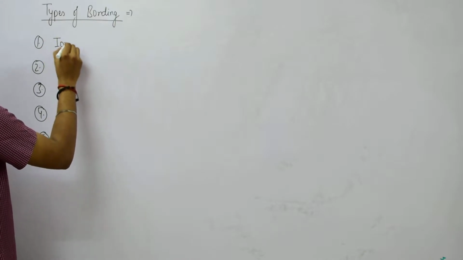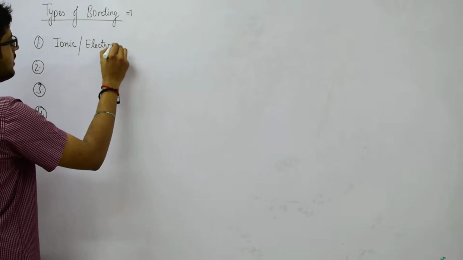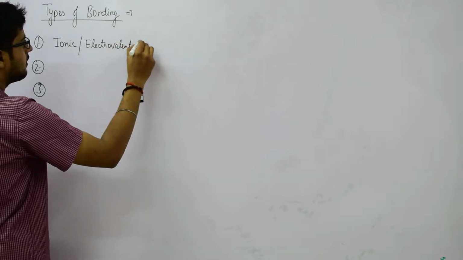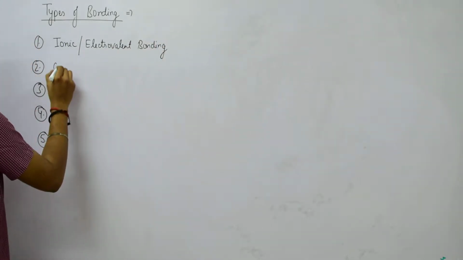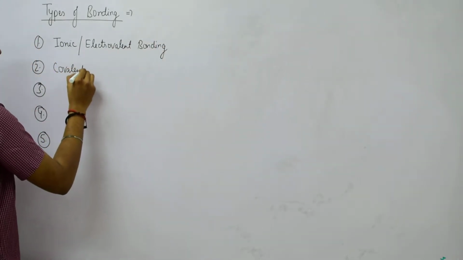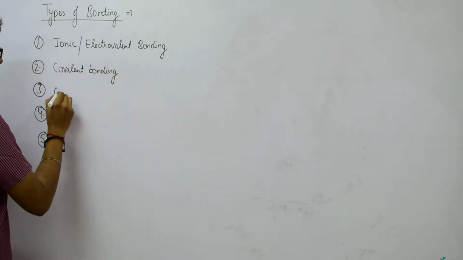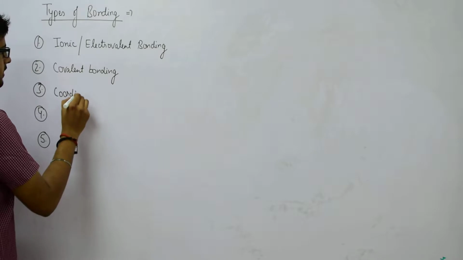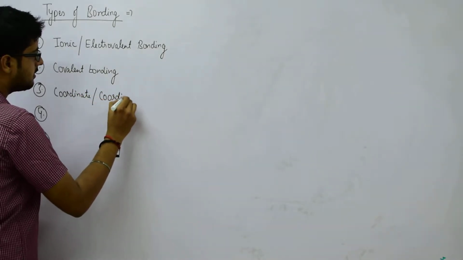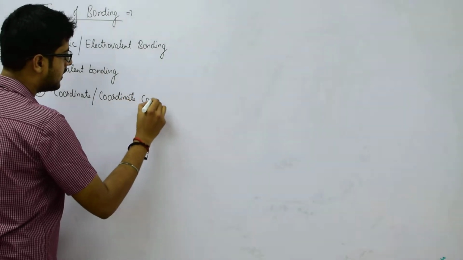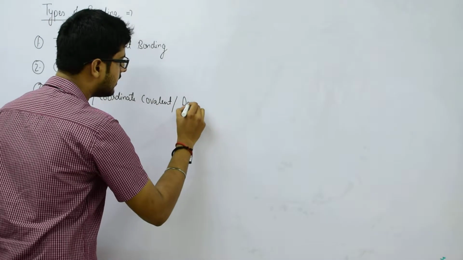First one is ionic bonding, also called electrovalent bonding. Second one is covalent bonding. Third one is coordinate bonding, also called coordinate covalent bonding or dative bonding.